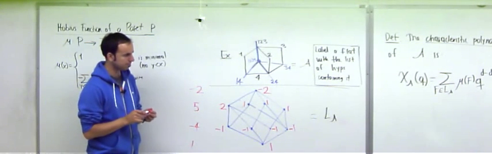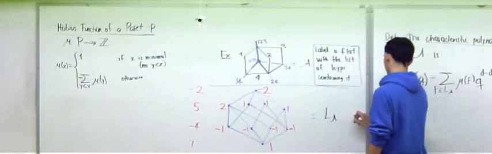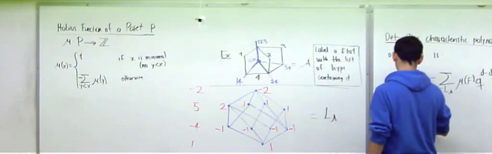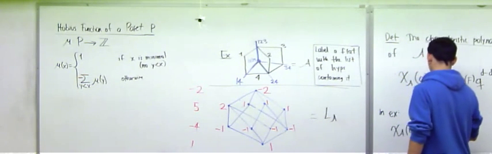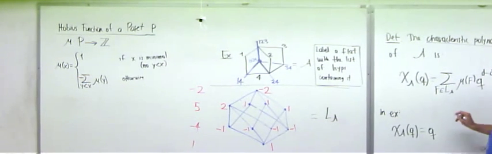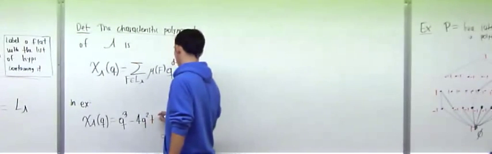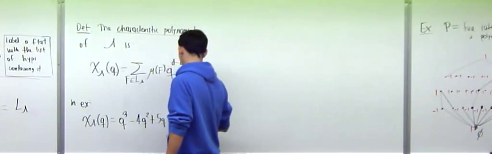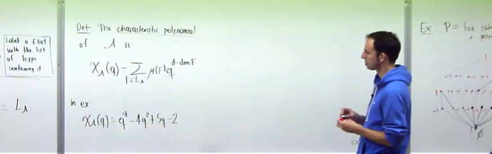Okay? In the example, that's exactly what this is saying. q cubed minus 4q squared plus 5q minus 2. Okay?